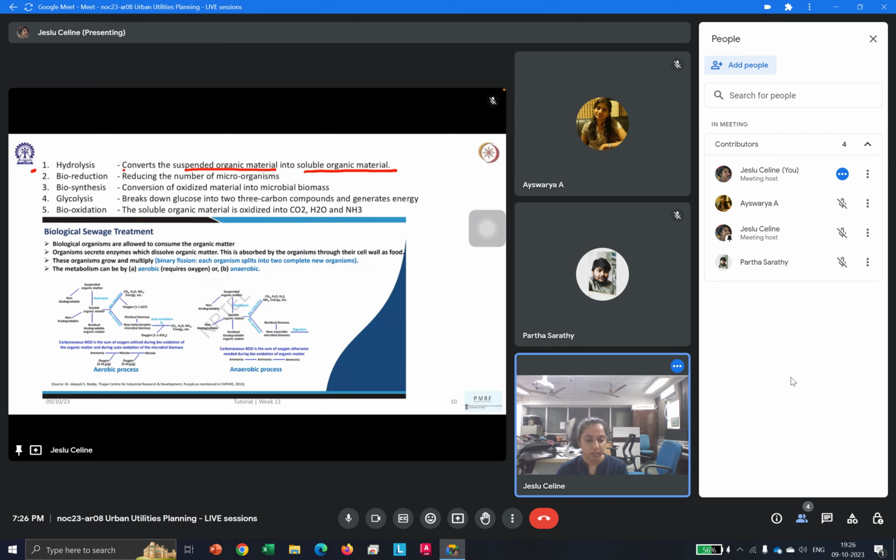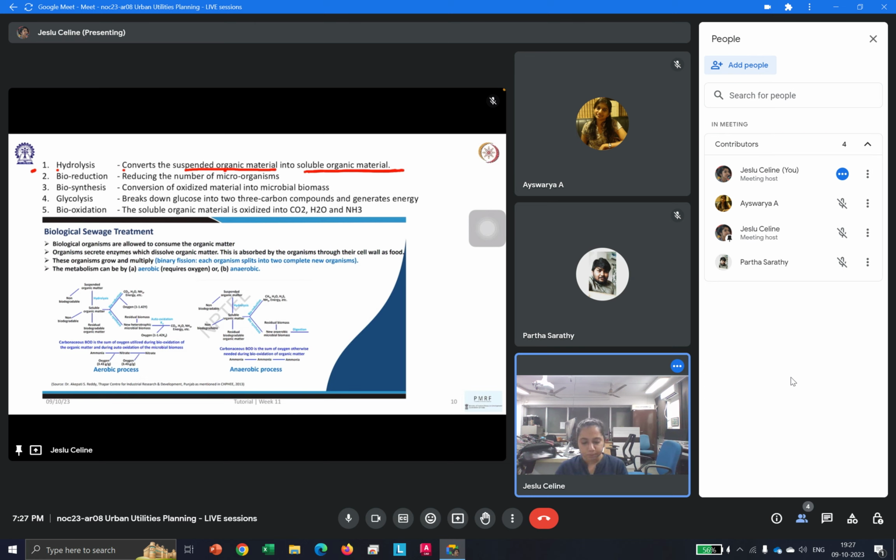We have learned there are different types of impurities: suspended impurities, colloidal impurities, and those that are completely soluble. So you convert the suspended organic material into soluble organic material, that's hydrolysis. Basically you're breaking something down and making it into soluble organic matter.